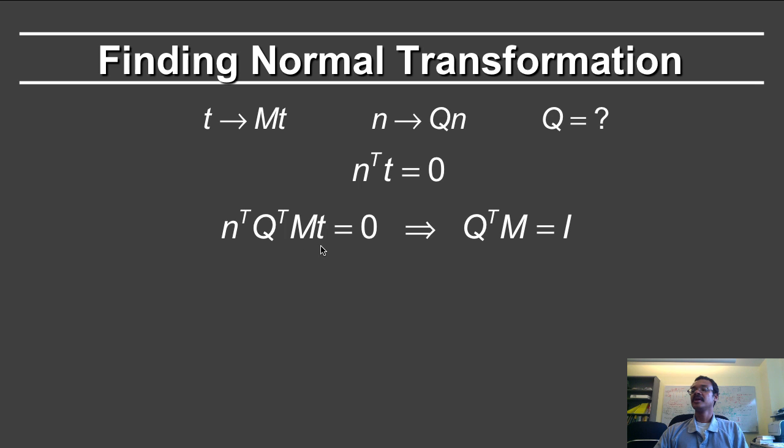This is because this must hold for any n and t in order to get the original condition that n transpose t is equal to 0. So of course, if Q transpose M is equal to the identity, it's very easy to solve for the matrix. And we have that Q is equal to M inverse, because I multiply by M inverse on both sides, and then I have to get rid of the transpose, and so I take M inverse transpose.